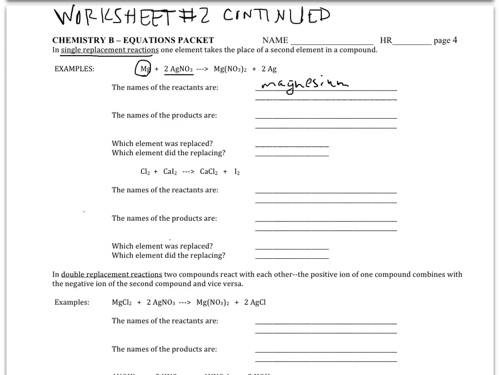Sorry for my handwriting. So there's magnesium, and then there is silver nitrate. And if you look over on the product side, you may be able to notice that now instead of it being the silver bonding with the nitrate, it's the magnesium bonding with the nitrate.